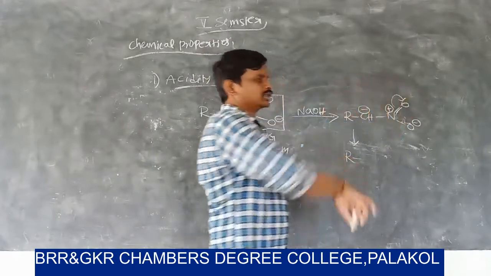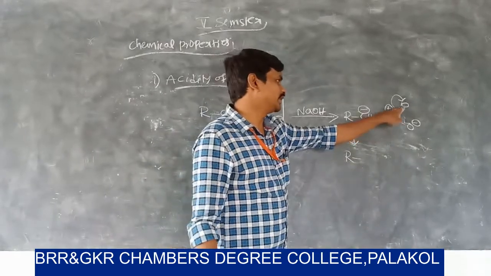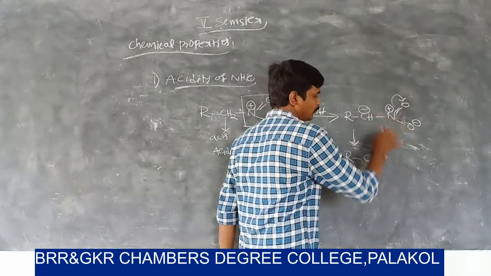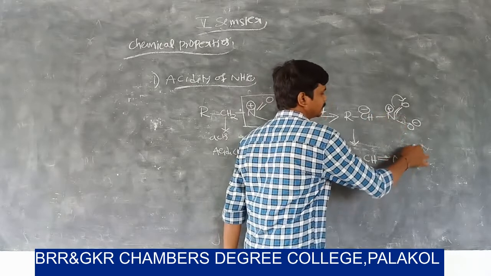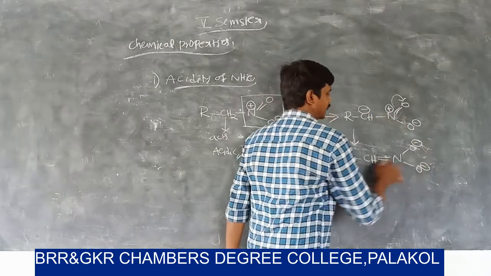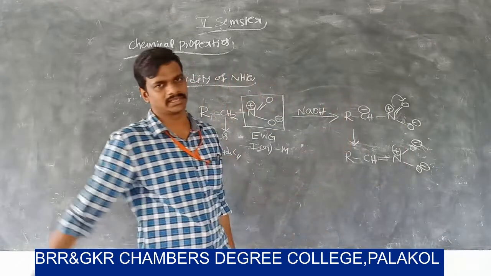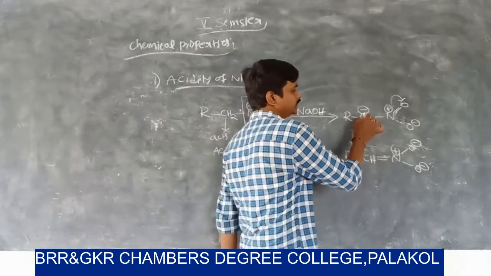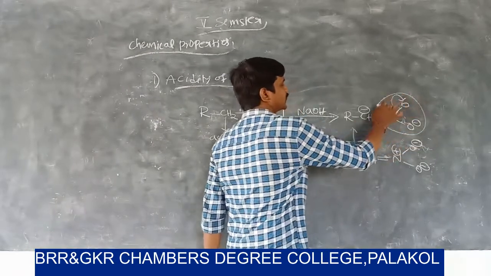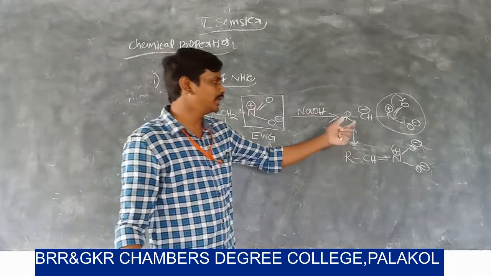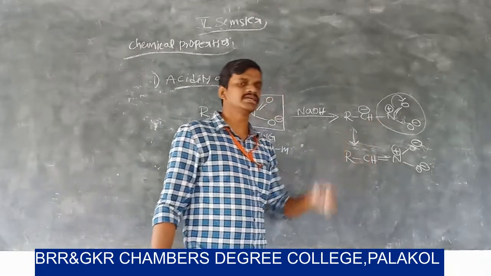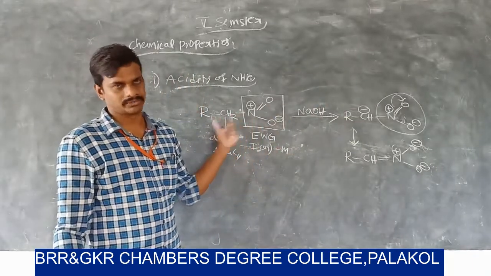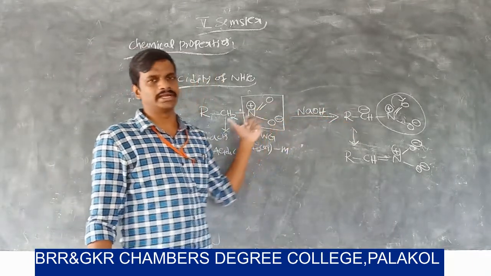Here the double bond migrates towards the more electronegative oxygen atom, and again nitrogen carries a positive charge. These two are resonating structures. So due to the strong electron withdrawing character of the NO2 group, the formed negative charge is resonance stabilized. It is a conjugate base of the nitrohydrocarbon.